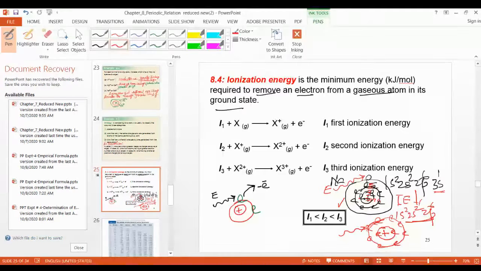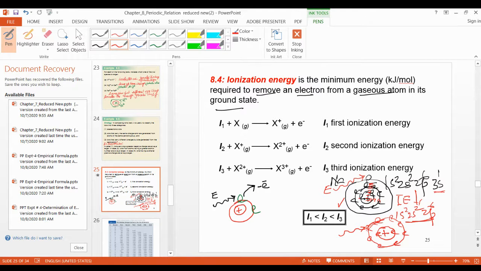So you have to mention clearly that the first shell is very close to the nucleus, so the electron is bonded to the nucleus with a highly attractive force, as compared to the second shell, and the second shell's electrons as compared to the last, third shell.